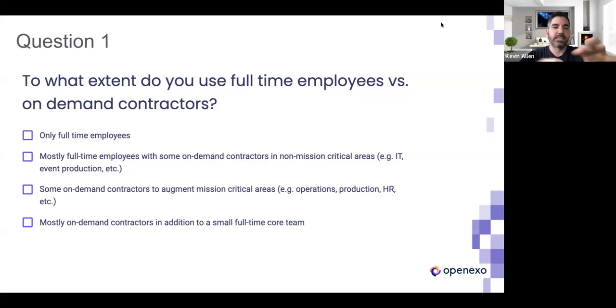So this of course is speaking to the staff on demand attribute. And so obviously you would choose which of the options it is that you have within your organization.